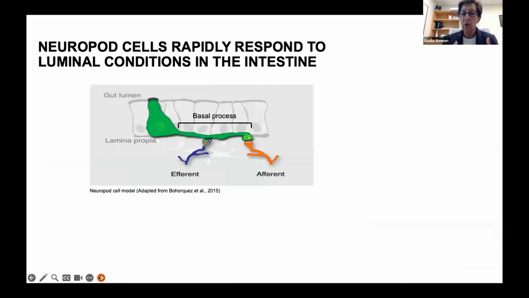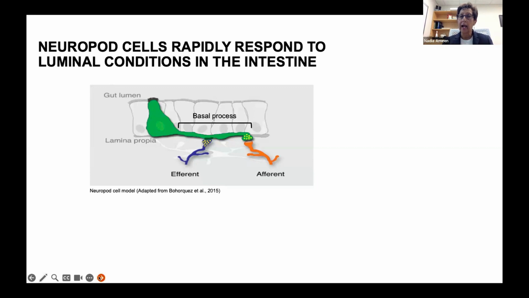I'm going to talk now about the neuropod cells, because that's the title of the talk. Neuropod cells were identified relatively recently by Bohórquez in 2015. These are enteroendocrine cells that have been identified sporadically in the gut.